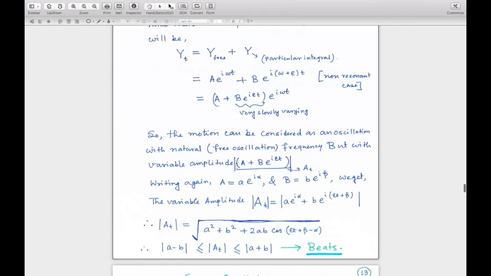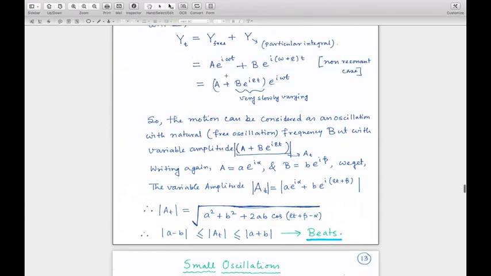If we consider this one as the amplitude and this one as the phase part, then we still get an oscillation with the natural frequency, but with a variable amplitude, and that's exactly what happens in practice.